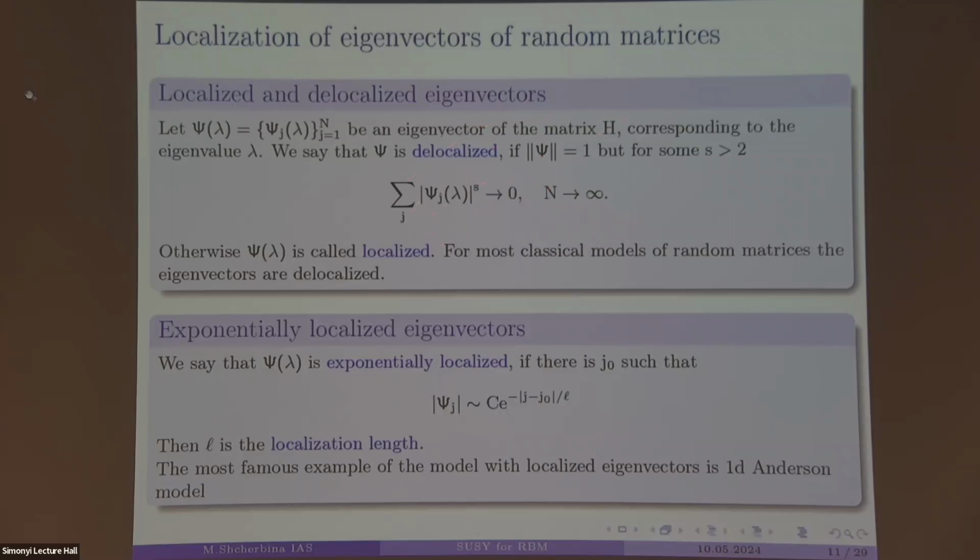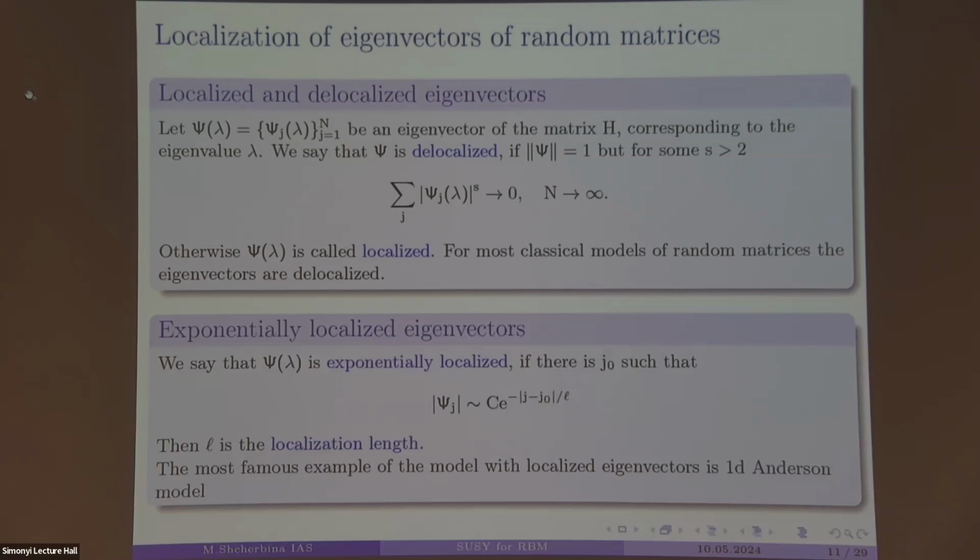But if S is bigger than 2, it means that in some sense the components could be bigger than the square root of 2, but they are uniformly distributed.